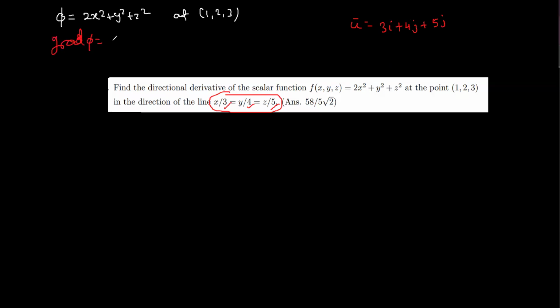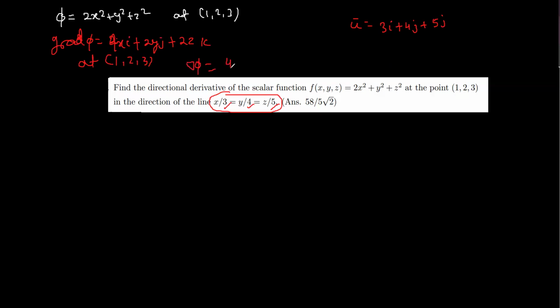Grad phi. Grad phi is what? 4xi, 2j, and 2zk. At 1, 2, 3, grad phi.